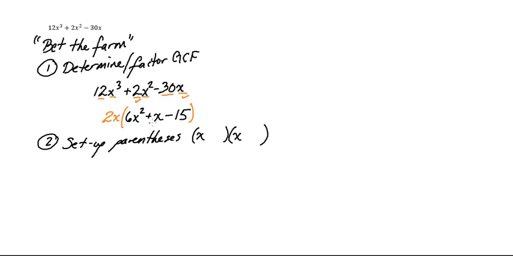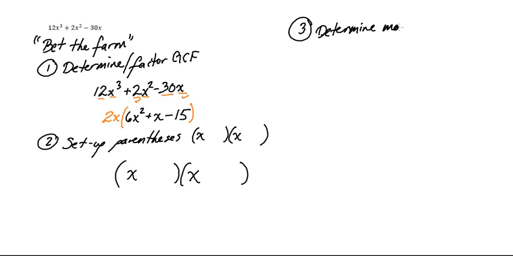We know that we need to find the magic numbers. Okay, so I'll just go ahead and keep these here so that we kind of know where we're going next. Alright, and this is going to be where our final answer goes. So the next thing we need to do is determine, just like we've always done, the magic numbers.